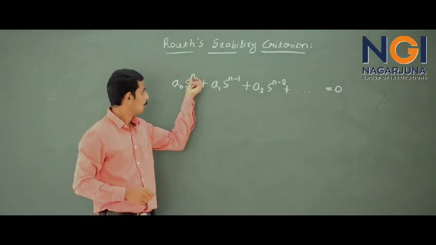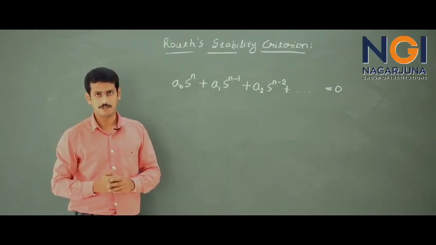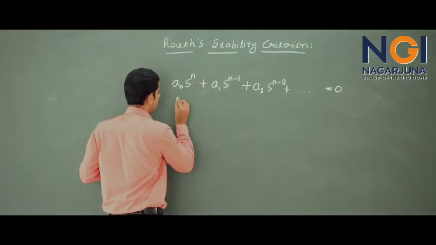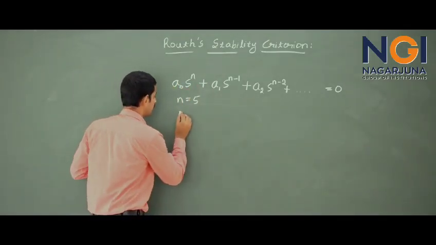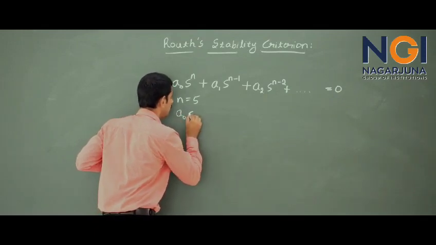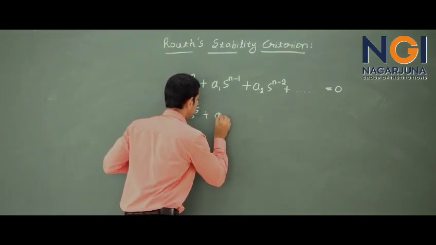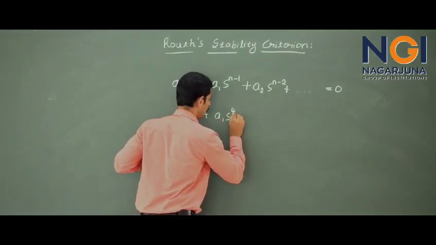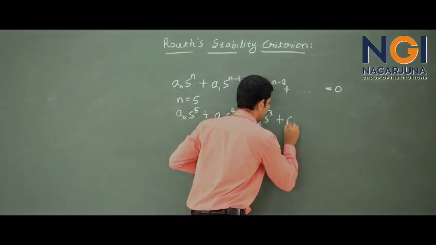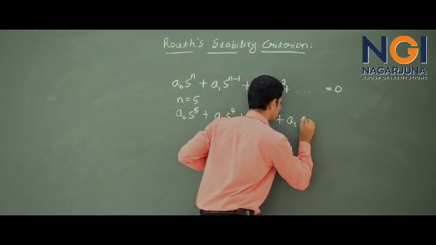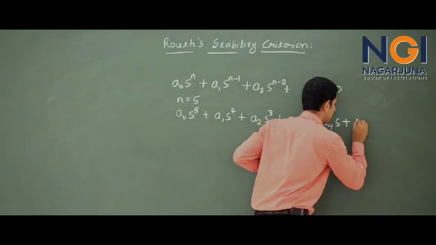Now I will give a numerical value to n, so that we get a clear numerical equation. If I take the value of n as 5, the characteristic equation will become a0 into s power 5 plus a1 into s power 4 plus a2 into s cube plus a3 into s square plus a4 into s power 1 plus a5.